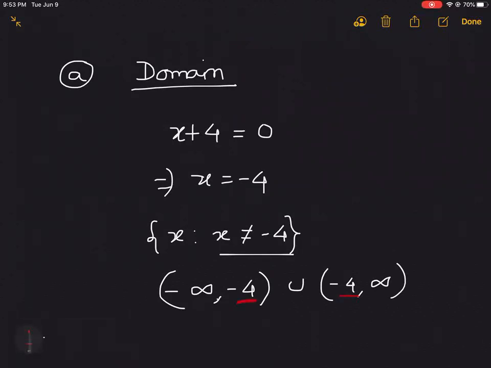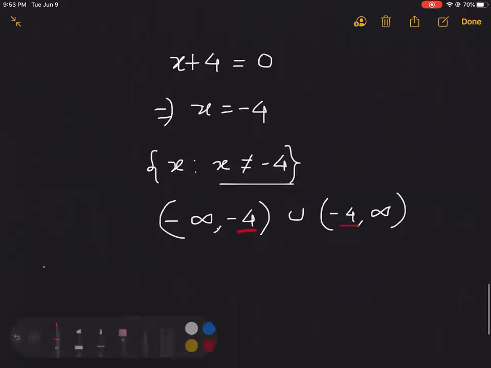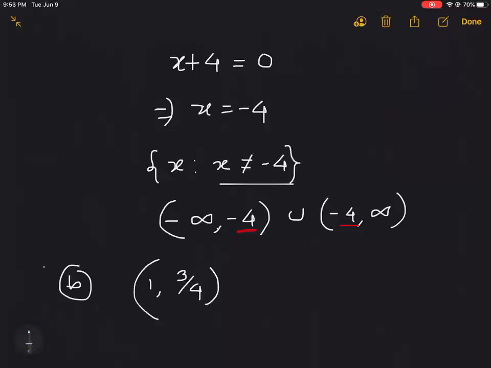Okay, now, the next question is whether the point 1, 3/4 is on the graph of this function. That means whether that's a point of this particular function.